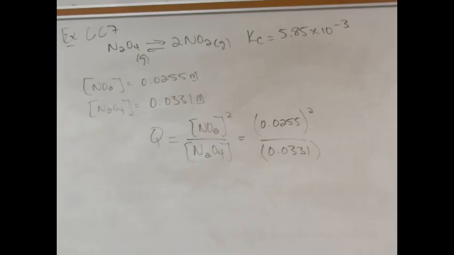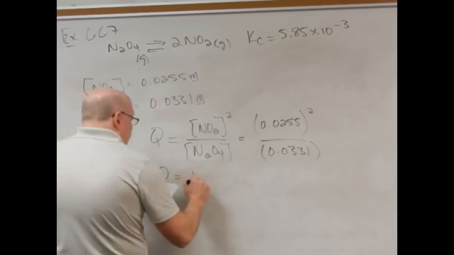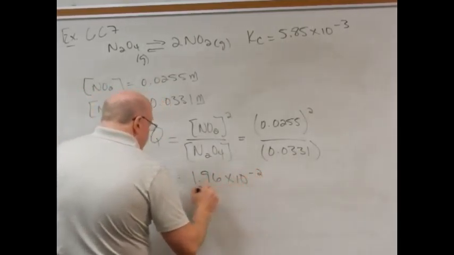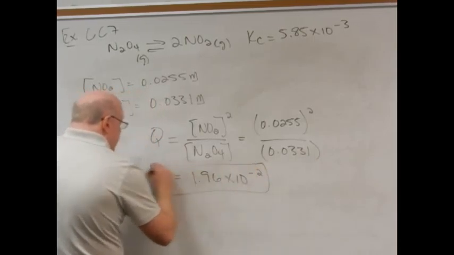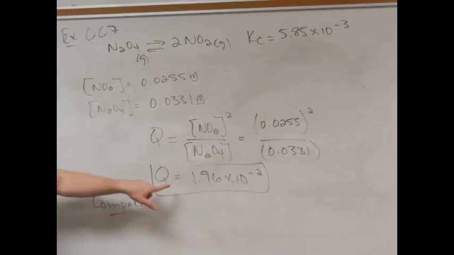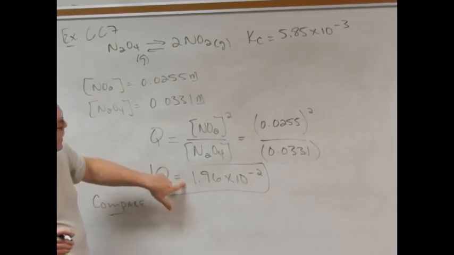Let me just find out what the number's at. We're going to compare it, see how close it is. That Q value we'll get out of this is 1.96 times 10 to the minus second. We compare it. This is where the reaction is right now, 1.96 times 10 to the minus second.